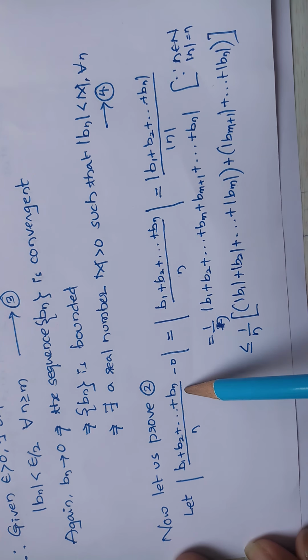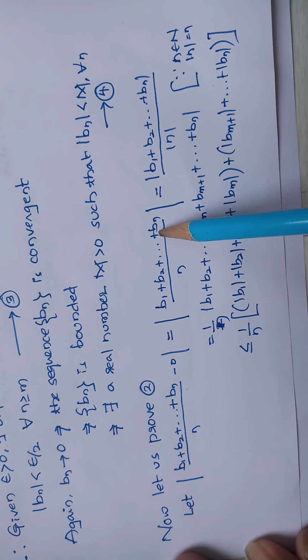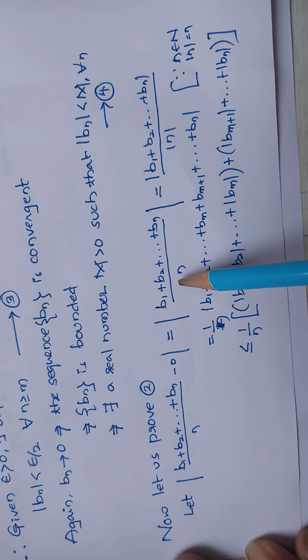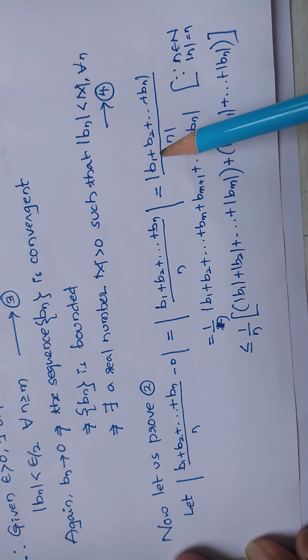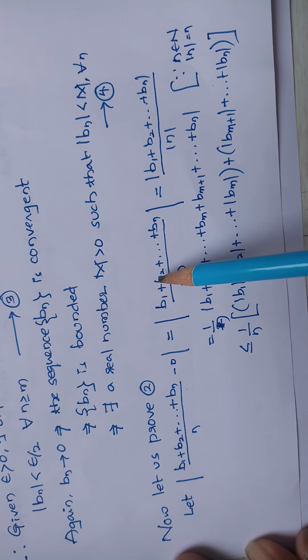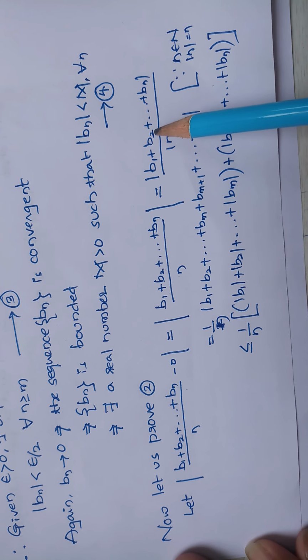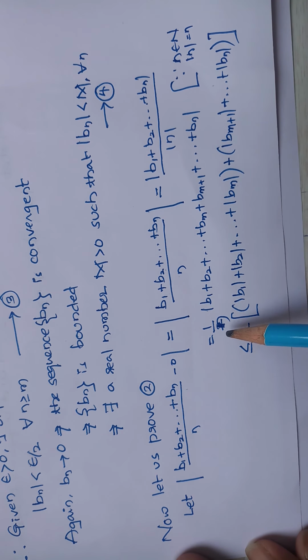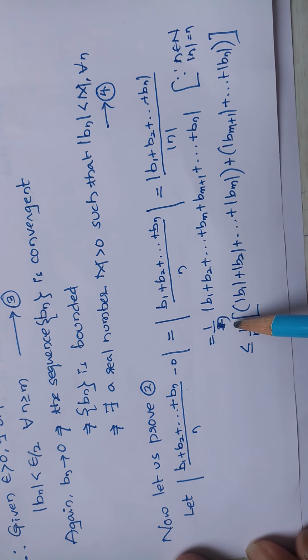So this equation can be rewritten with modulus of (b1 plus b2 plus bn) divided by n. I am taking modulus separately. So then it will become modulus of (b1 plus b2 plus bn) divided by modulus of n. So using the property of modulus, this can be written as this. Okay, so this is equal to 1 divided by n.